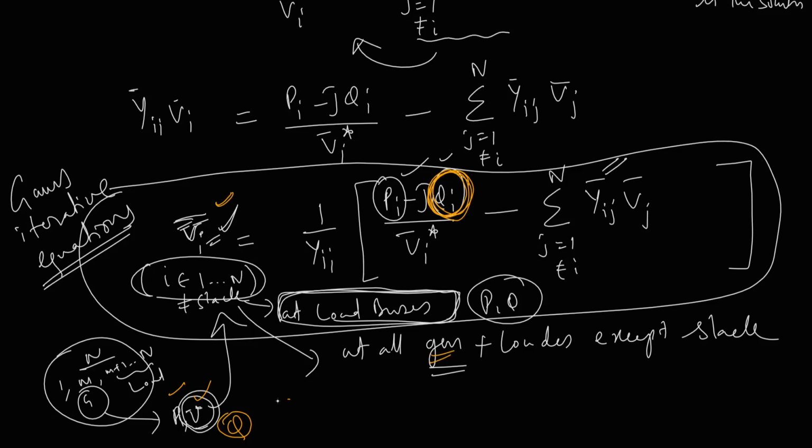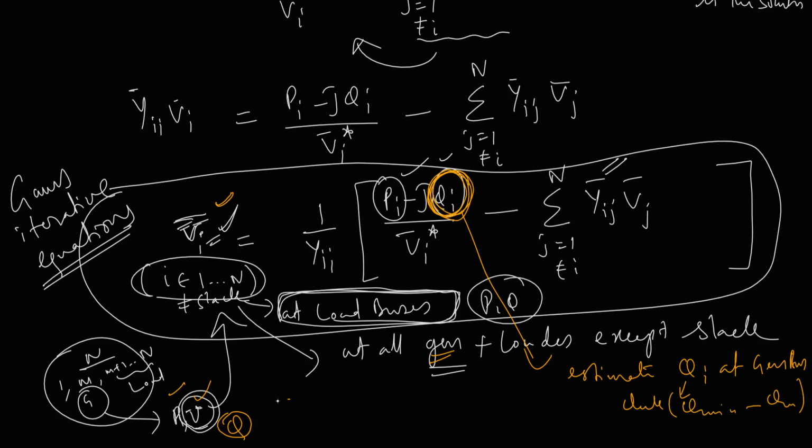So for that, we actually need to first estimate this Qi at the generator bus, then check with the limits Q minimum and Q maximum. Then there is some procedure actually.